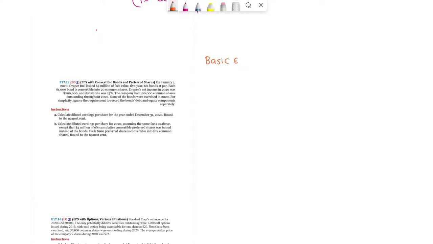Our basic earning per share is equal to net income, which is 200,000. Do we have any preferred shares? No, we do not. So my preferred dividends is 0, divided by number of shares outstanding. In this case, it is 100,000, and my basic earning per share is $2.